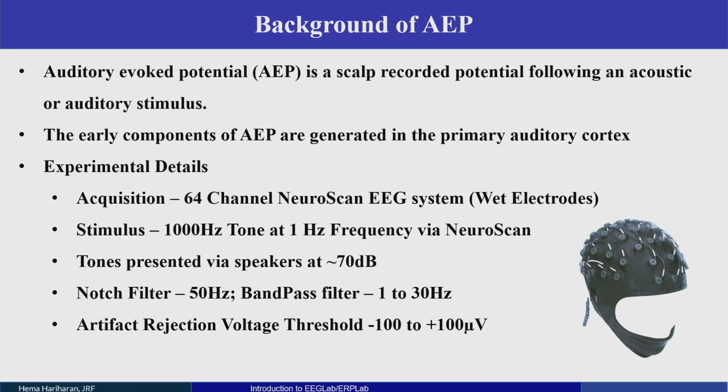For example, in the case of auditory evoked potential, we require an audio signal which is a 1000 hertz tone, which we used at a frequency of 1 hertz, which means for every second one trigger will be given by this system to the Neuroscan acquisition system.